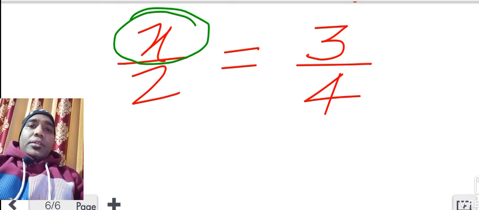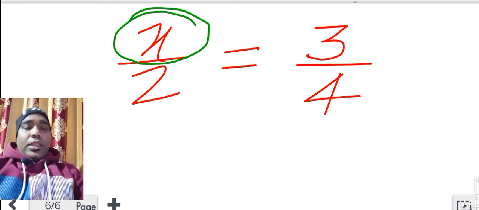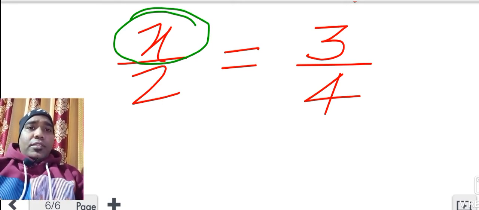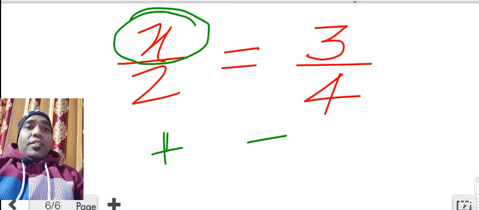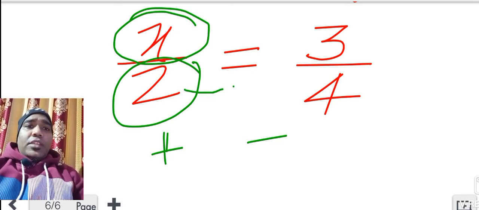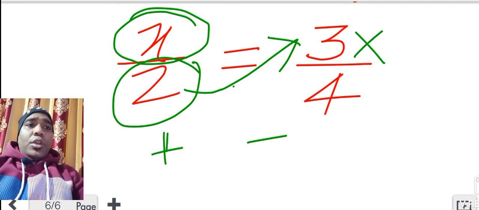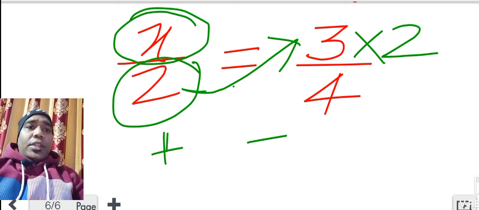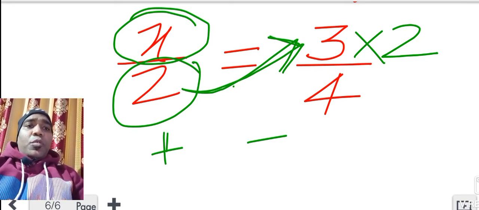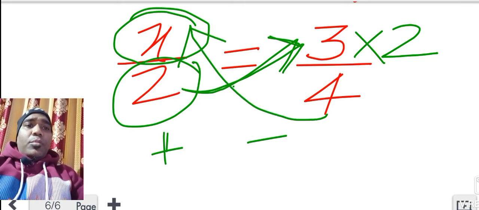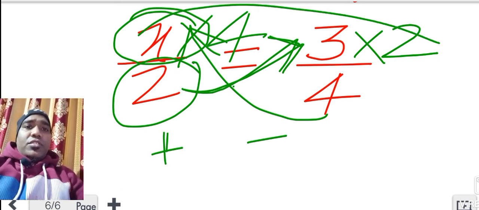Whenever you bring a constant from LHS to RHS, plus becomes minus, and if something is in the denominator, when you bring it to the other side, it goes from denominator into the numerator and gets multiplied there. Suppose this 2 you bring to this side, then from the denominator it will multiply in the numerator.